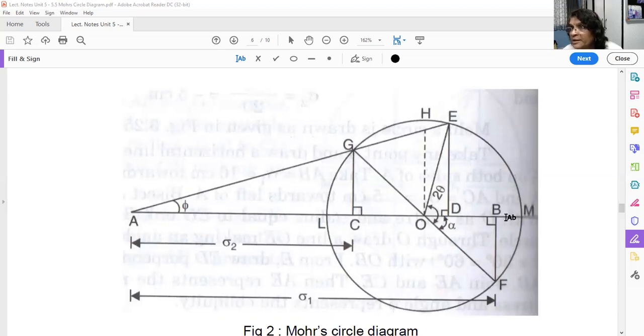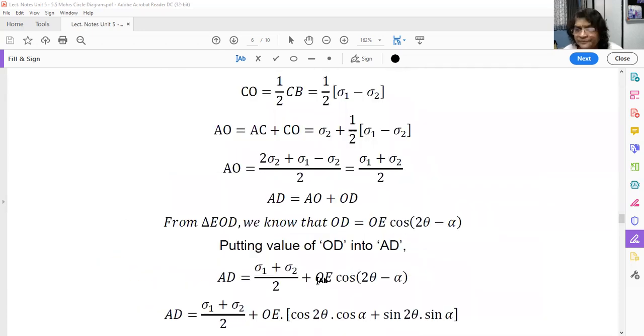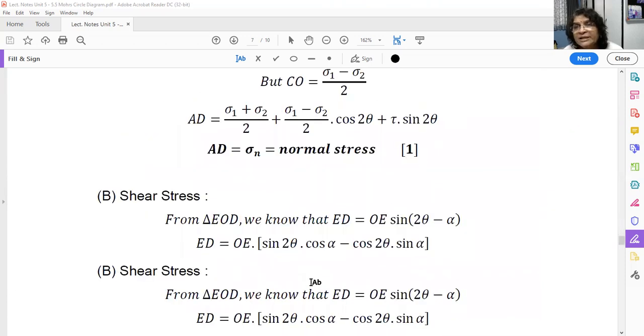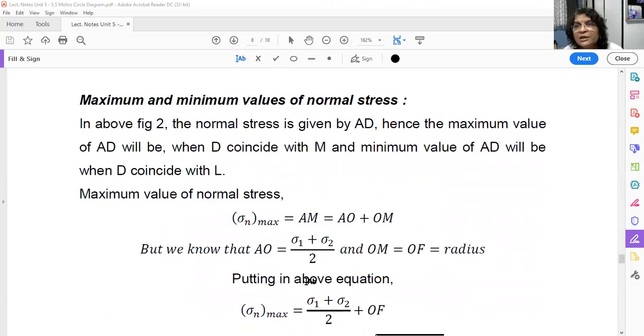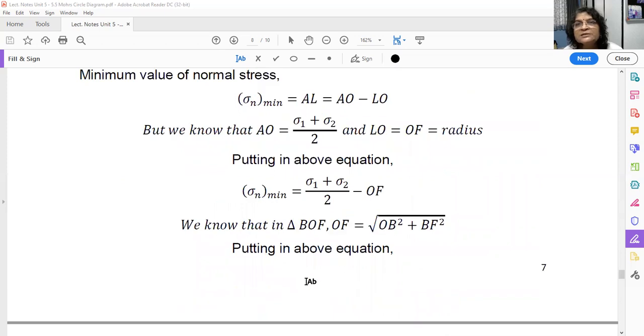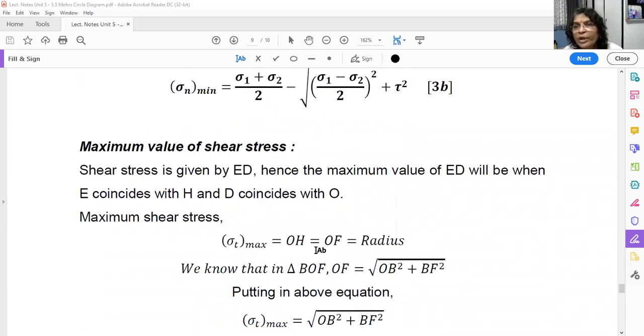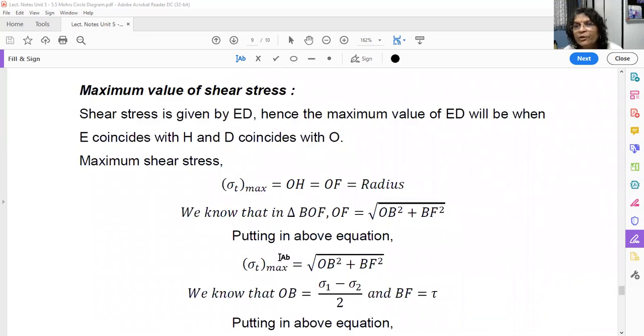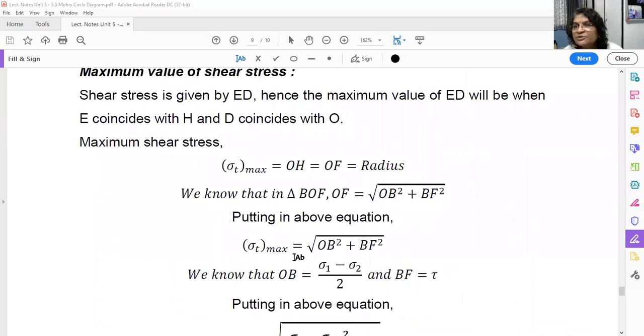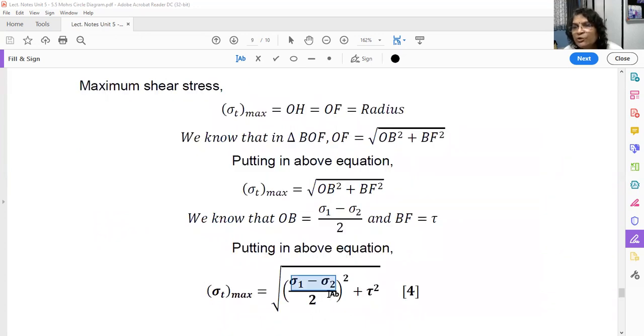What is OB? Sigma 1 minus sigma 2 by 2. What is BF? Tau. So like this we can find out the maximum shear stress. OH is equal to OF. So tau max, that is the maximum shear stress, is the square root of OB square plus BF square, that is sigma 1 minus sigma 2 by 2 bracket square plus tau square, square root of this one.